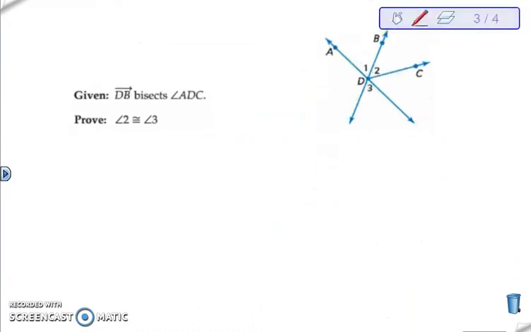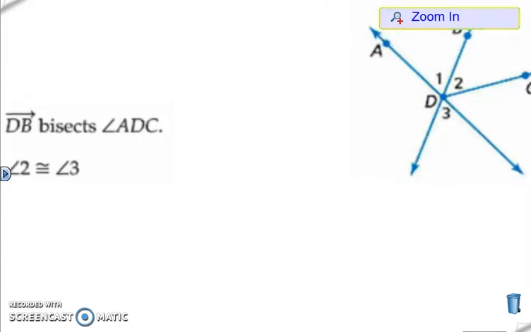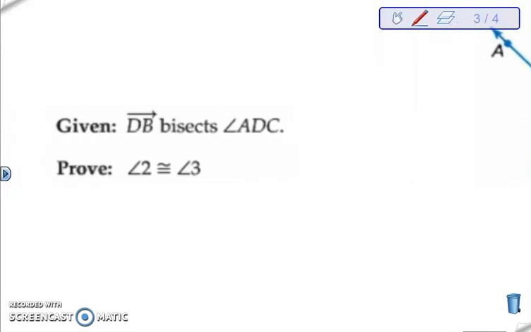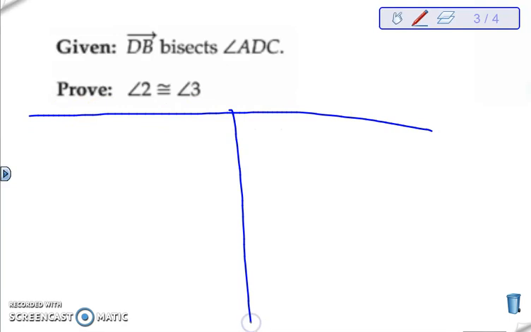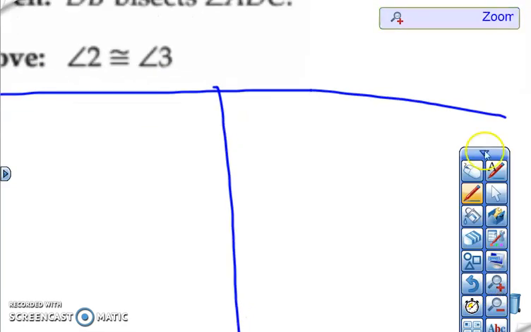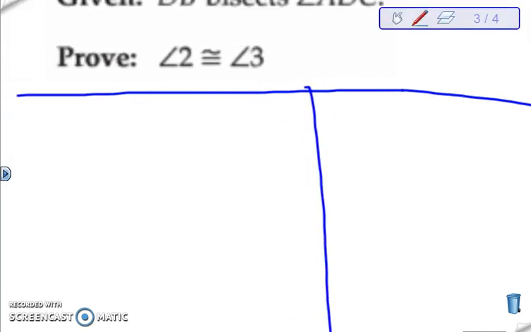Alright, so this one I believe should be a little bit quicker. So we're going to say prove that angles 2 and 3 are congruent given that DB bisects angle ADC. So again, we'll start with the given.